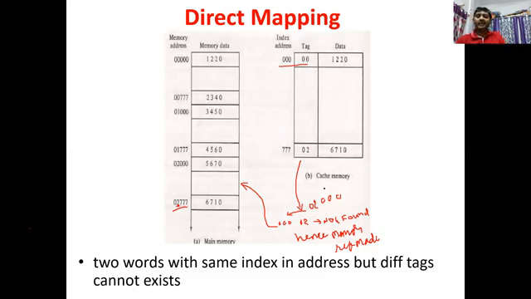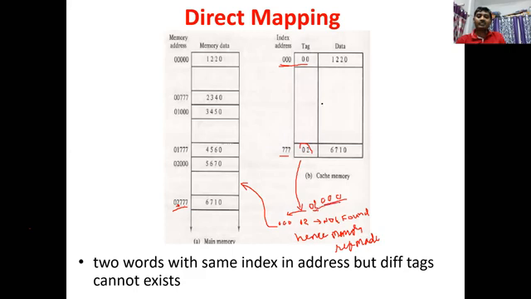For example, I want to check 02000. This is the index and this is the tag. So 000 is here, and I'll check whether the tag is 02. 02 is here, but its index is 777. So in the cache memory, this particular entry is not available. What will happen then?